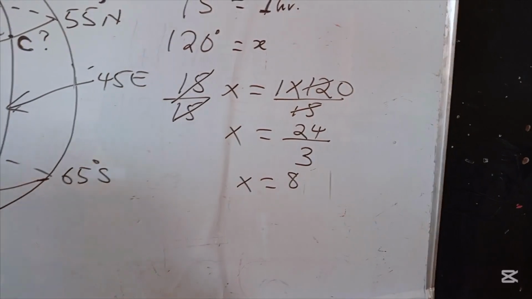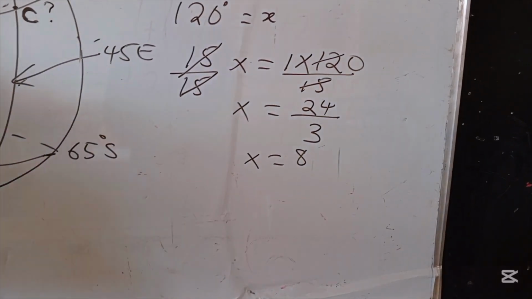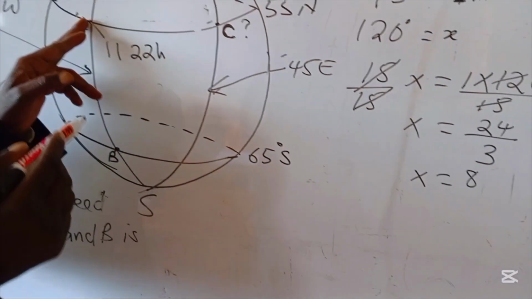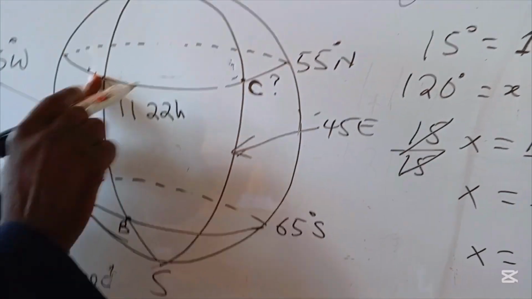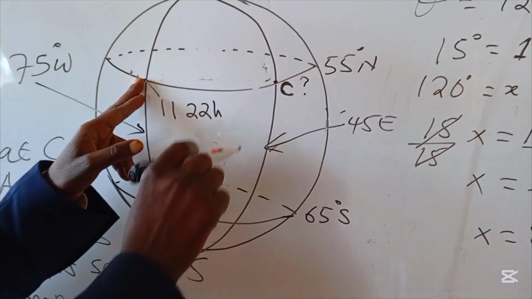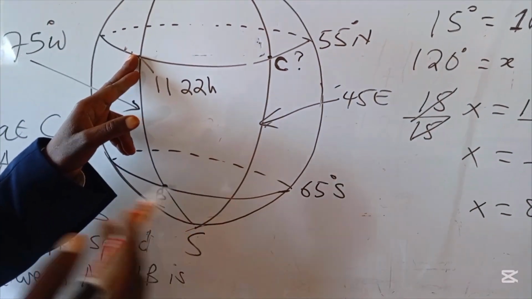Now with these 8 hours, you have to ask yourself: A is in the west, and we are looking at the time in the east. As you go to the east, we add; as you go to the west, you subtract.